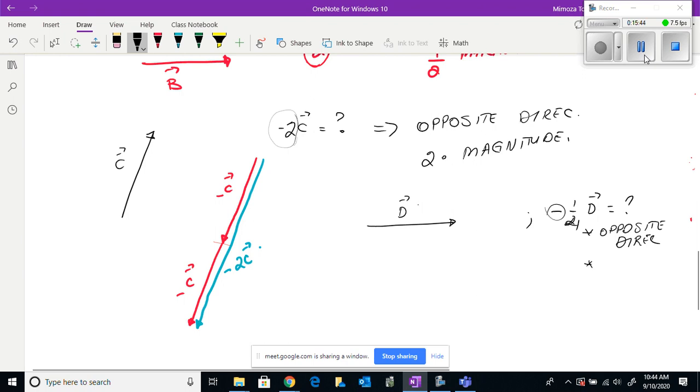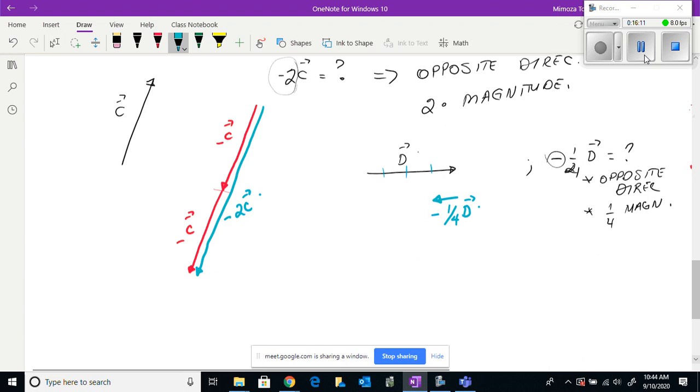And the magnitude is 1/4. So if vector D is this one here, then we divide it in 4 and it will be this one here, negative 1 over 4D.